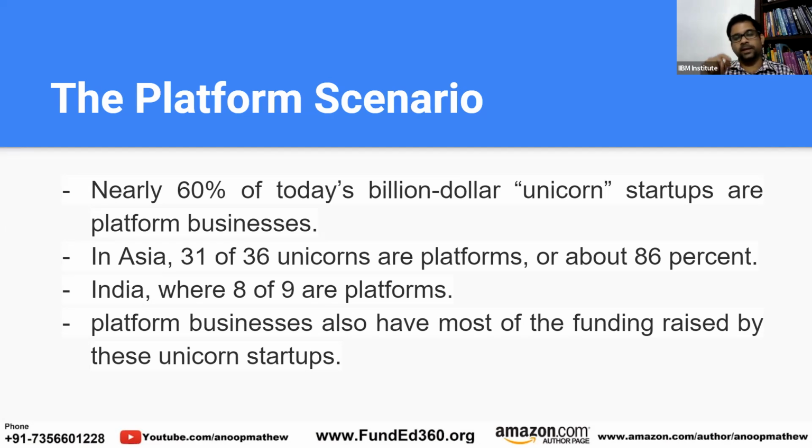That's the main reason why these SaaS platform type online businesses reap a lot of money. Obviously, when you say it's a unicorn, you can find that the revenue being generated is enormous. And most of the funding is being raised by these kinds of online unicorn startups.